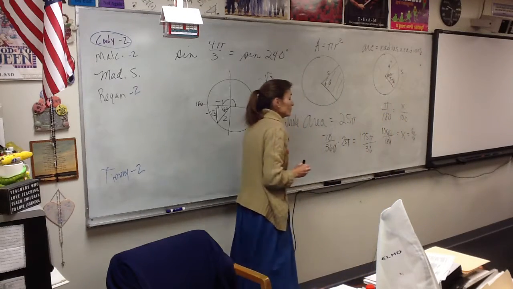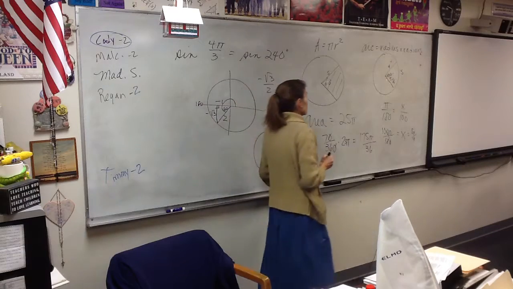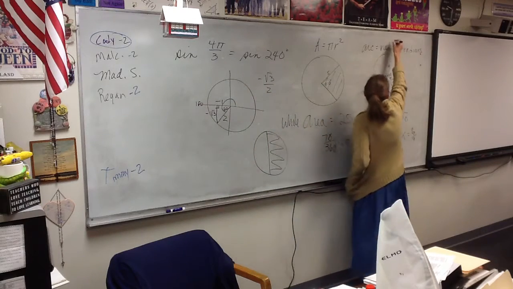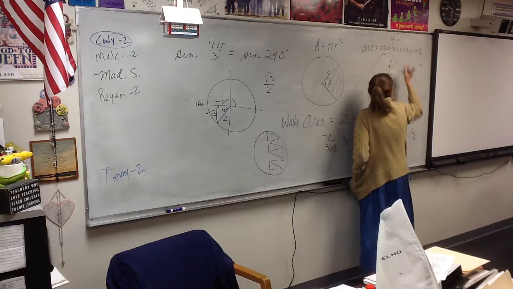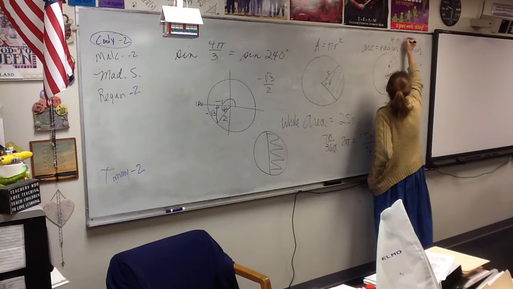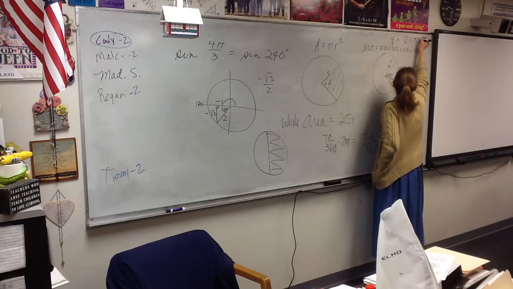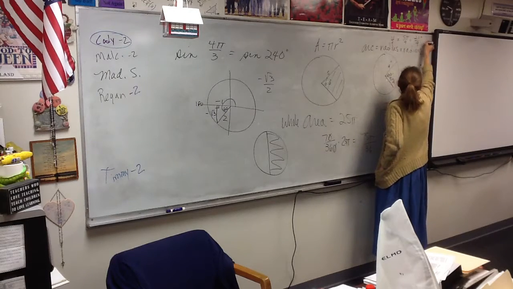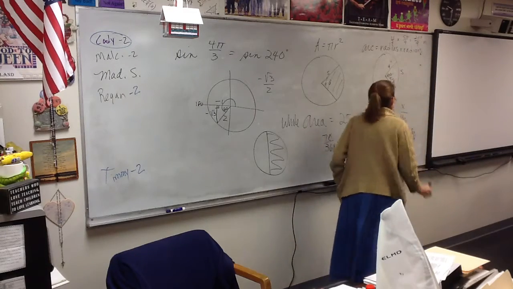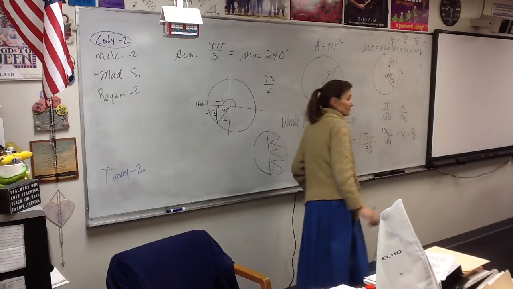Just times it by 4. So your arc length will simply be 4 times 5 pi over 9. This is 4 over 1, so it's 20 pi over 9 inches, because that was inches.